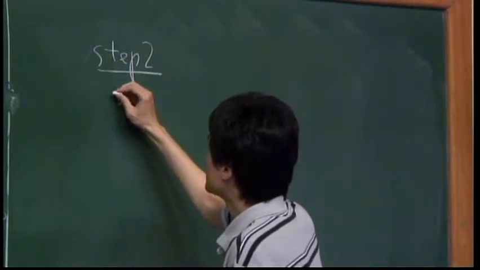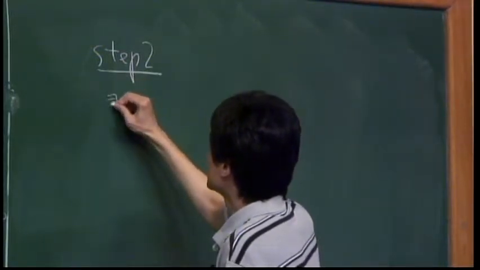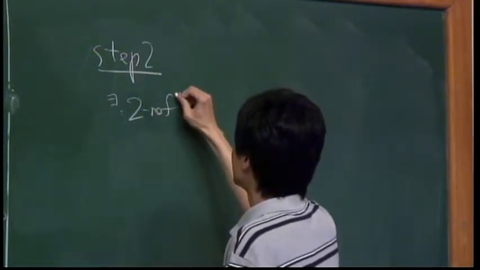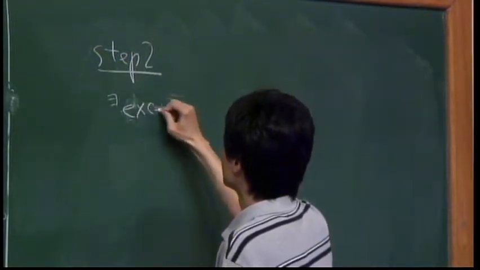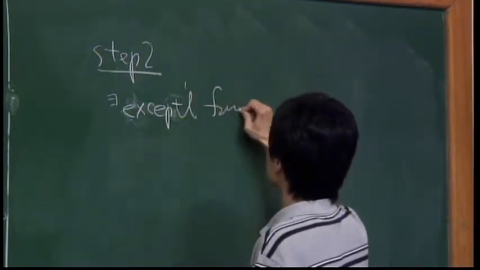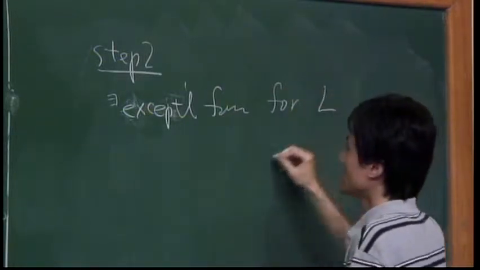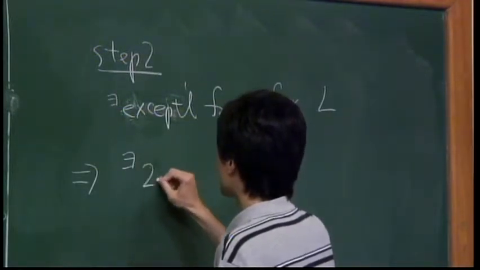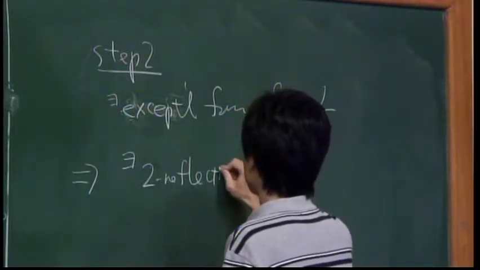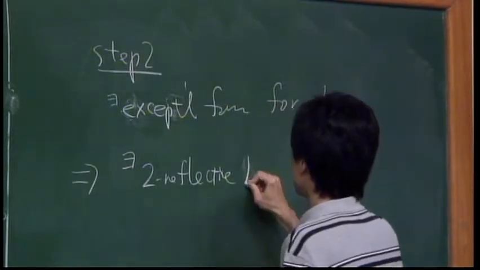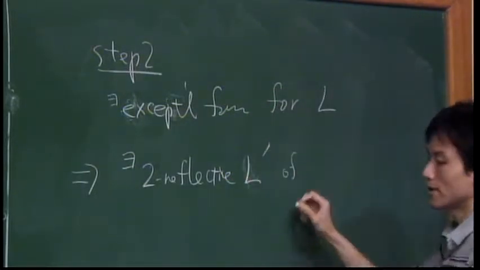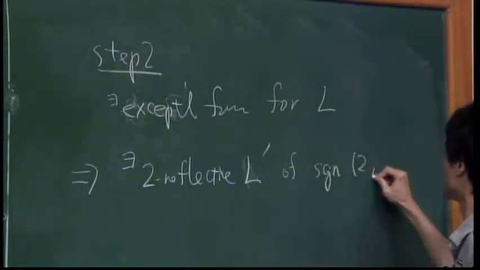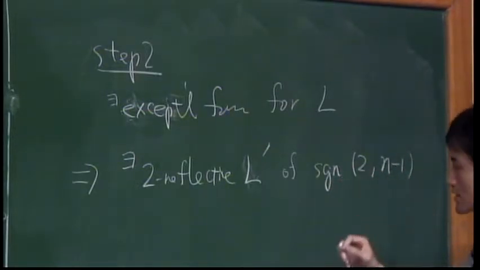So the second step is to show that if there exists a two exceptional form for L, then there exists a two reflective lattice, say L prime, of one dimension lower and smaller discriminant group.